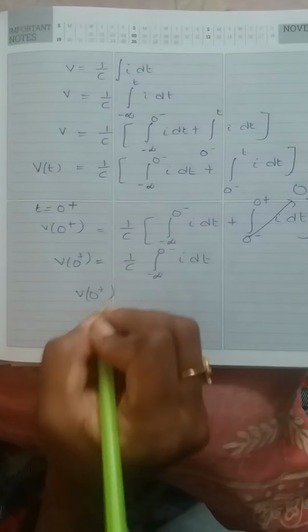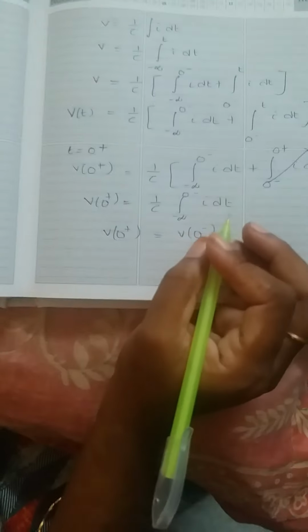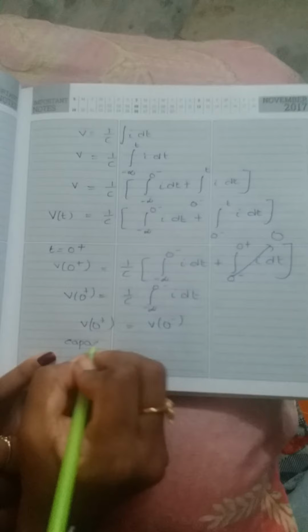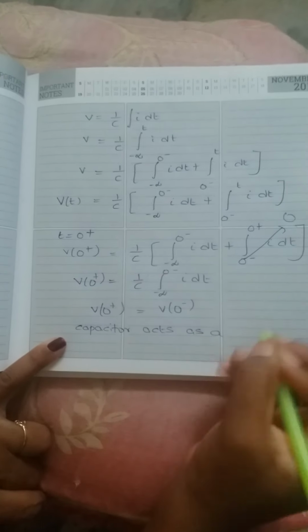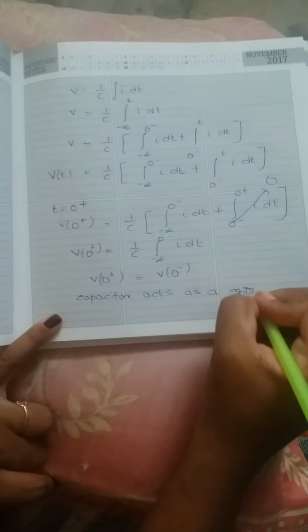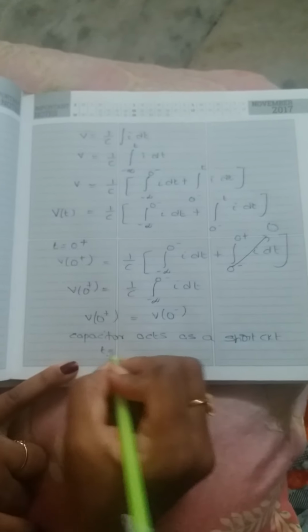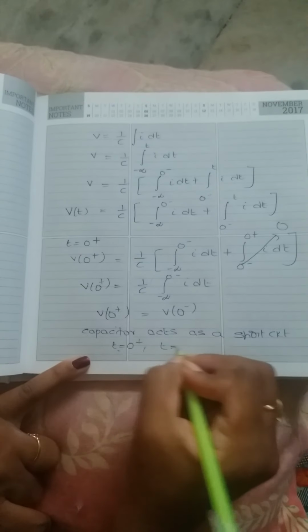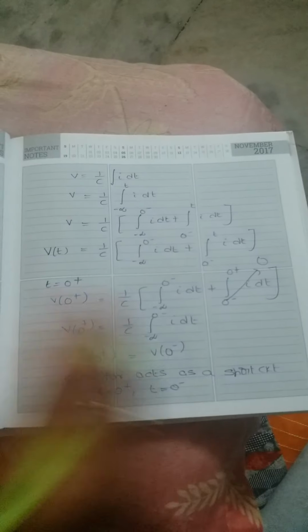So we can write V of 0 plus equal to V of 0 minus. The voltage across the capacitor is 0, so the capacitor acts as a short circuit at t equal to 0 plus and t equal to 0 minus. These are the inductor and capacitor behaviors.